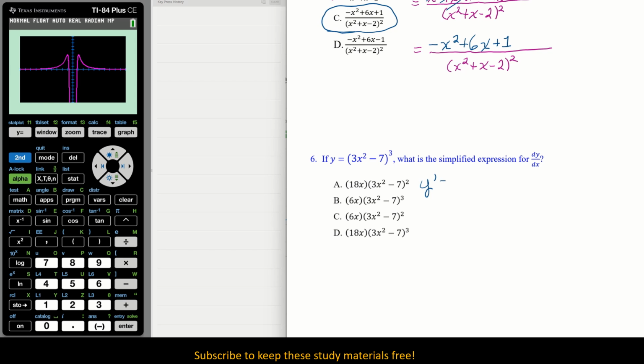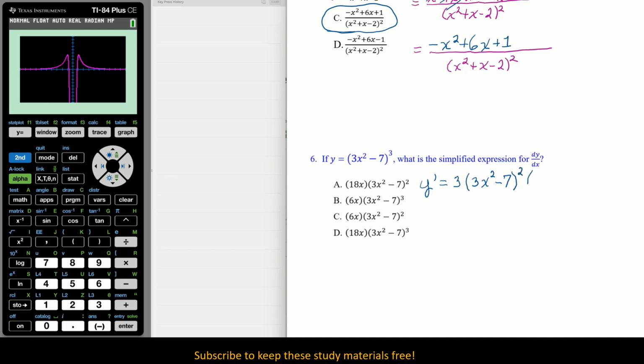Y prime equals 3, and keep the 3x squared minus 7. That all stays the same. But we brought down the 3, so we have to subtract 1 from our exponent, which gives us 2.